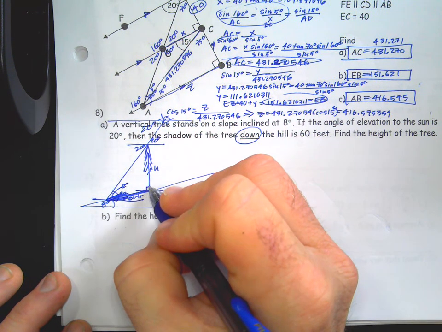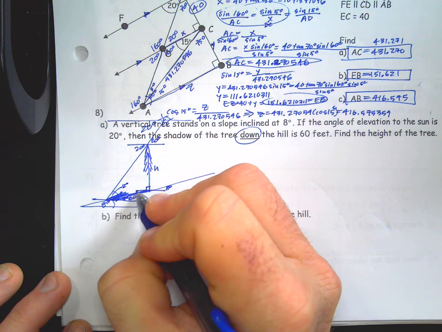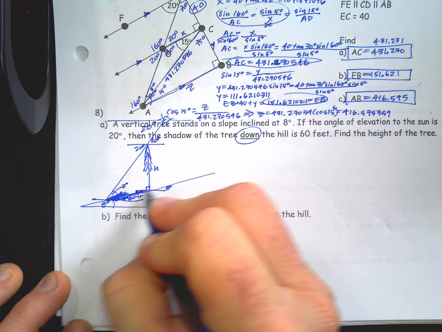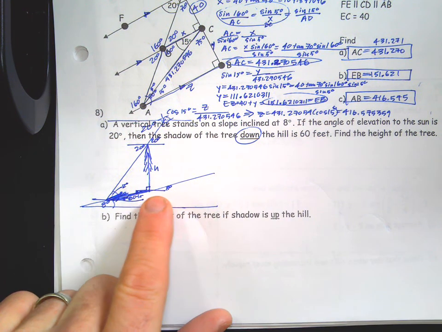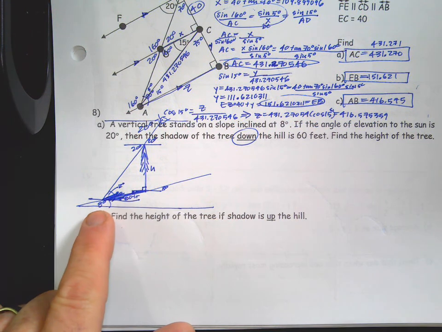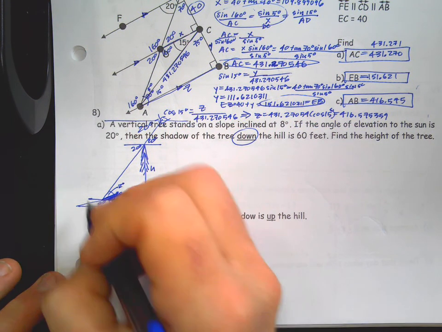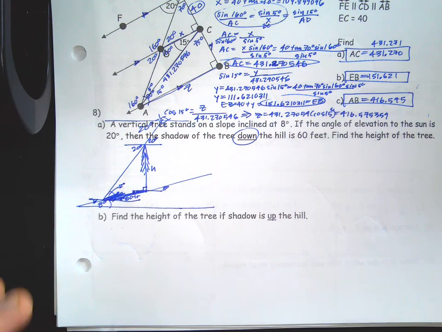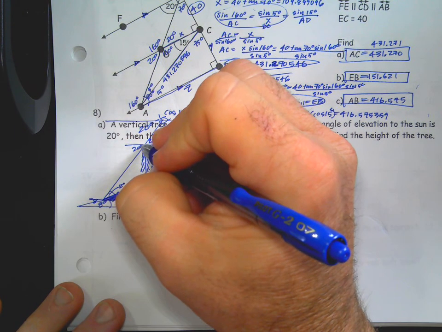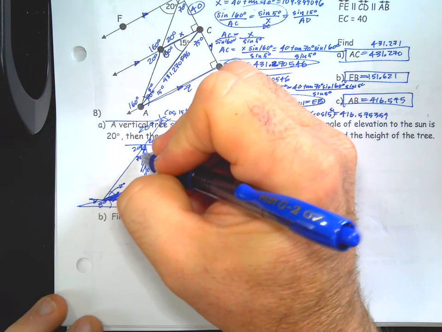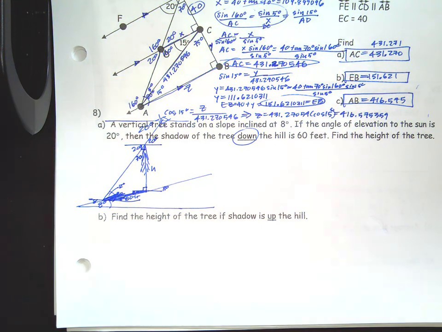This is 90. This is 8. Anything tied to the slope, you're getting those parallel lines that are related to the 8 degrees. This is 8. This is 8. That's 8. Right? Alternate interior angles. This would have to be 90 altogether, which makes this 70. So I think I have a pretty good picture here.